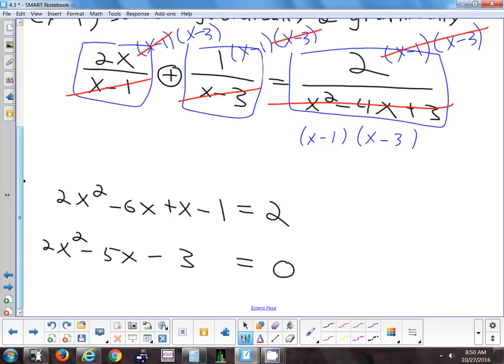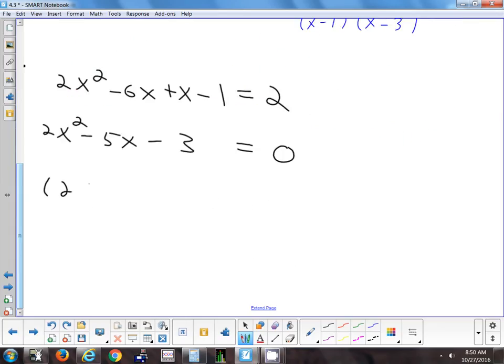Let's try and see what happens. We get 2x and x. What would my signs have to be? Plus and minus, and I'll try them in that order. And two numbers that multiply to give me 3? 1 and 3. So I get 2x squared, minus 6 plus 1 is minus 5, and then positive 1 times negative 3. Perfect.